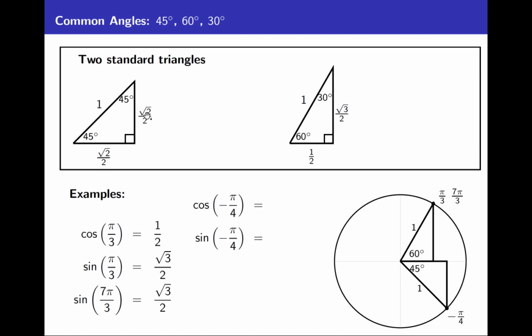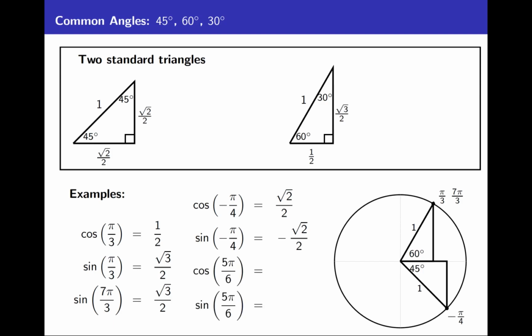And we know that its side lengths are square root of 2 over 2. So cosine of negative pi over 4 would be the x-coordinate of this point, which would be square root of 2 over 2 from our triangle. Sine of negative pi over 4 would be the y-coordinate, square root of 2 over 2. But notice it's a negative y-coordinate, so we're going to get negative square root of 2 over 2. You see how easy it is to work out trig functions from the unit circle when you know these triangles.